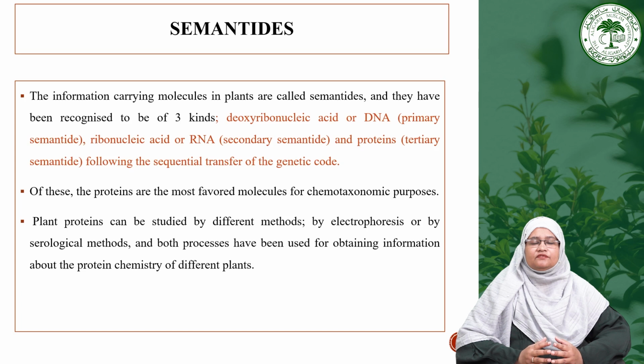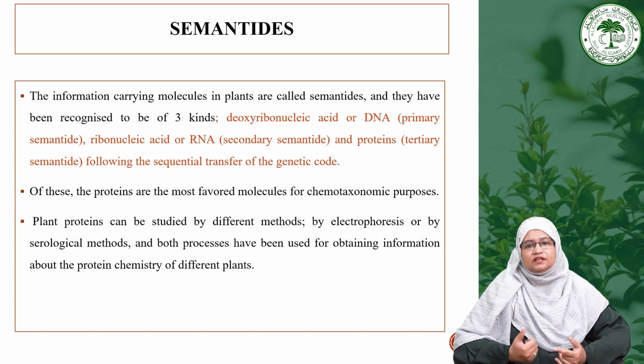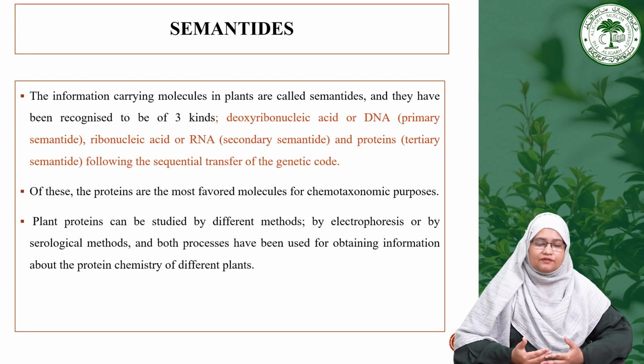Following the sequential transfer of the genetic code, as we know, all the genetic information is stored in DNA. From DNA it is transcribed to RNA, then after translation it goes to protein. Of these, protein is the most favored molecule for chemotaxonomic purposes, because plant proteins can be studied by different methods, by electrophoresis or by serological methods, and both processes have been used to obtain information about the protein chemistry of different plants. So these semantides are very important in the identification of different groups of plants.